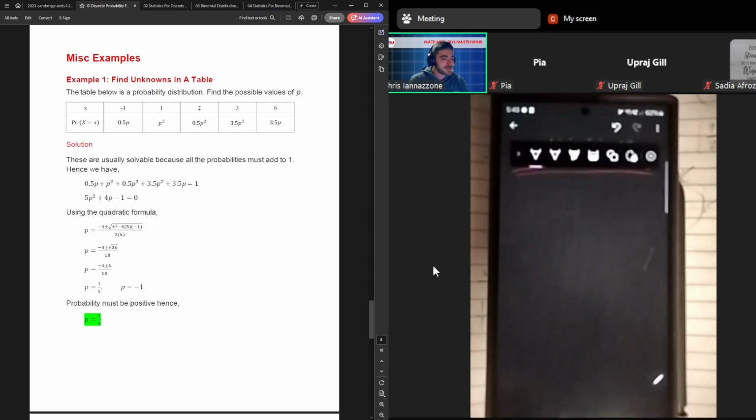Okay, so the basic example, the idea here is that you have variables in this probability table. And so basically, you pretty much always start this one out by adding everything up to equal 1. Right, that's a fundamental rule of how probability tables work, and so adding them all up to 1 is a pretty good idea. From there, do a bit of simplification, and you'll come to a scenario where you'll notice you have a quadratic, right?